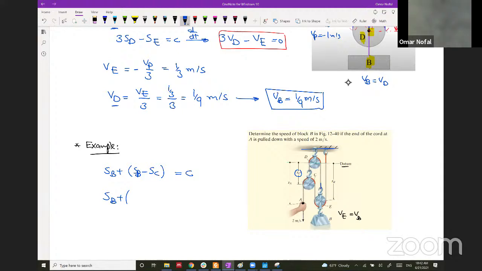So it will be SP minus SC, and we will have SA minus SC.